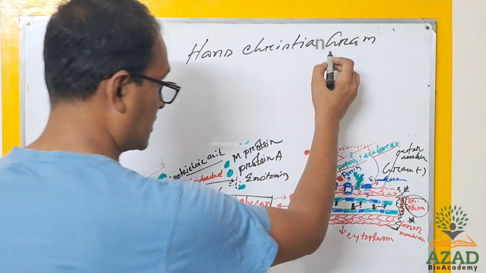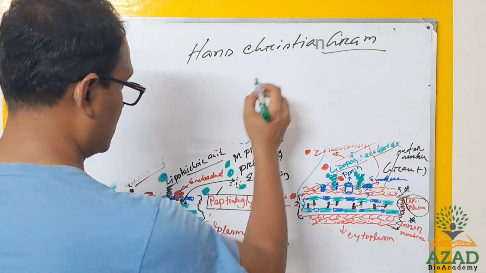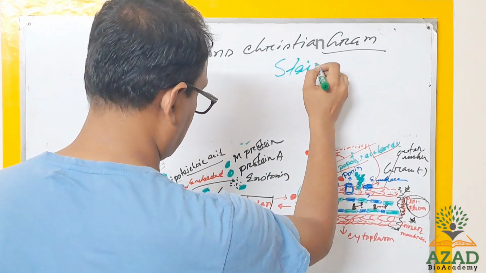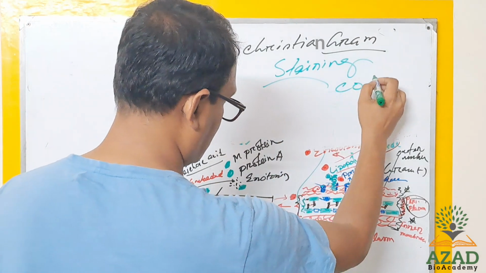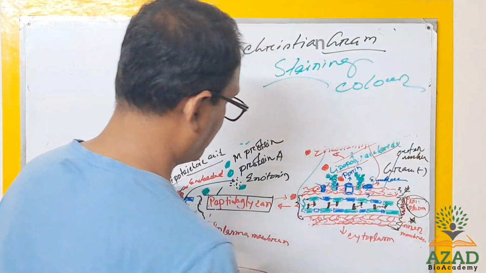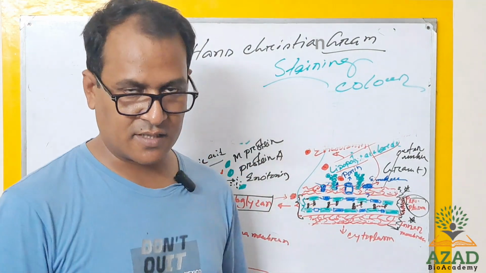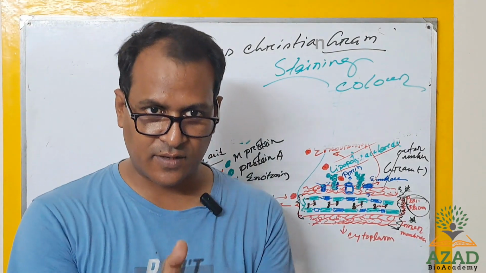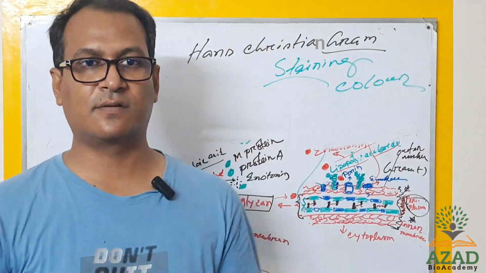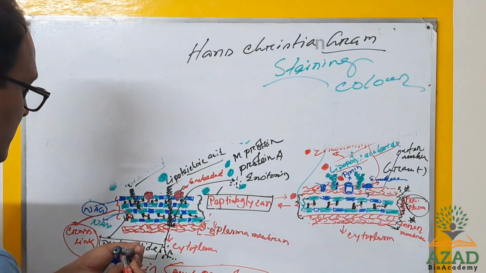So this is the gram staining. What does it mean? Stain means color. So by putting different types of color, we identify whether it is gram-positive or gram-negative. So very briefly, I will try to explain.